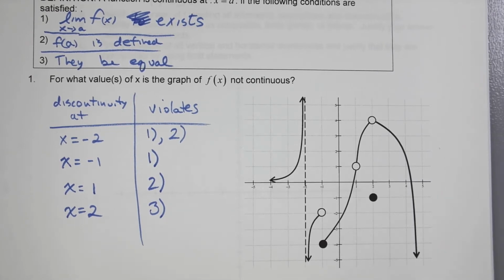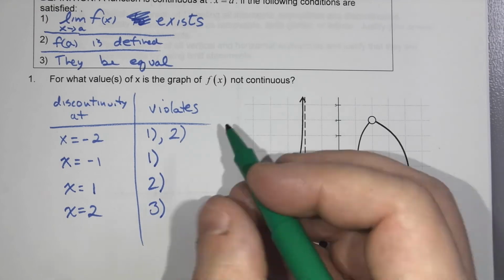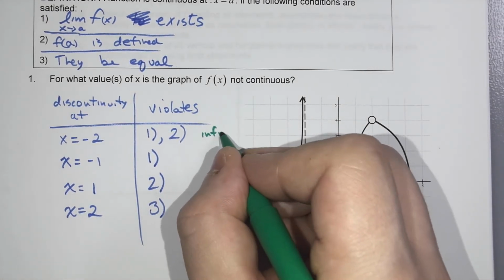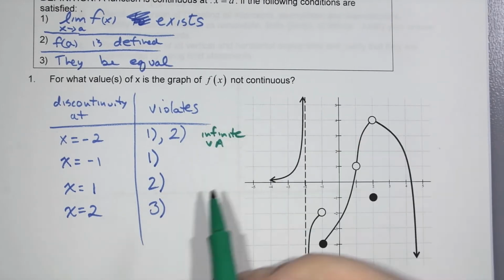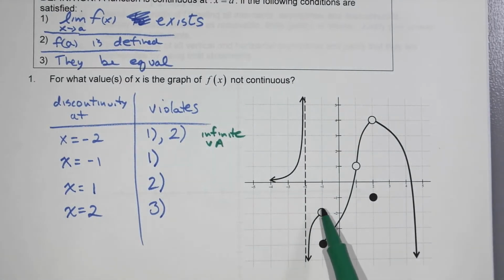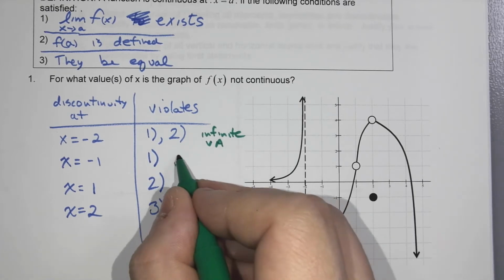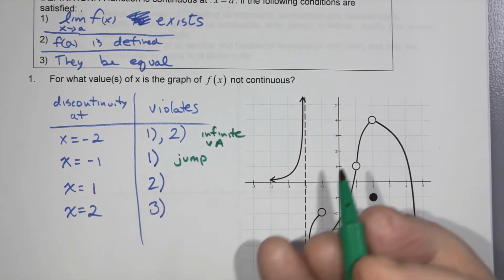Okay, when we talk about these ones here, this discontinuity that flies off to infinity, we sometimes call this an infinite discontinuity or vertical asymptote. When we have a function that jumps between two finite values, we sometimes call this a jump discontinuity.